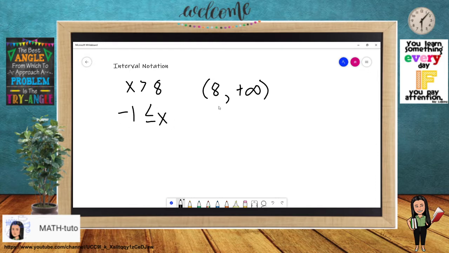Ibig sabihin, dahil din pala itong symbol ay less than or equal to, may equal to, it means negative 1 is included. Brackets ang gagamitin natin, and then negative 1. Positive yung mas mataas sa kanya, diba? So, positive infinity.